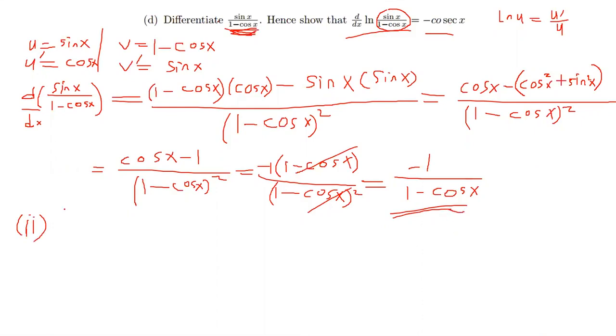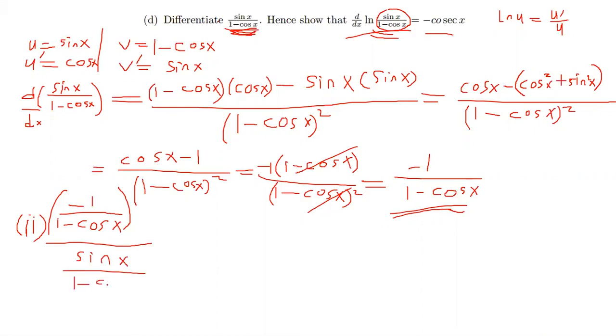So I'm going to write my negative 1 over 1 minus cos x there, and then everything here divided by the original function, which is sine x over 1 minus cos x.